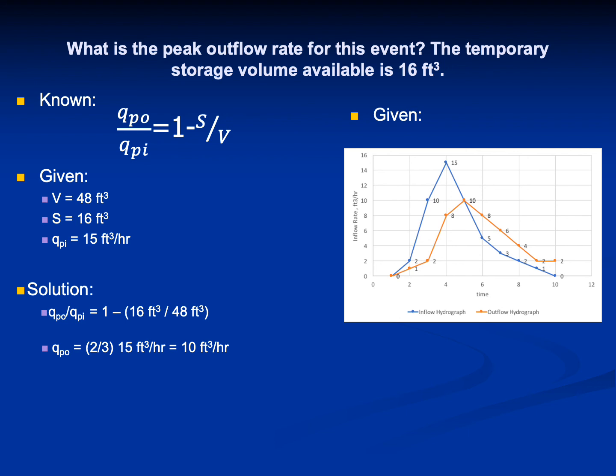And we are given in the problem that the temporary storage capacity is 16 cubic feet, and the inflow peak is 15 cubic feet per hour. So our solution, the ratio of the outflow peak to the inflow peak, is 1 minus 16 over 48, or 2/3. This means that the outflow peak is 2/3 times 15, or 10 cubic feet per hour.